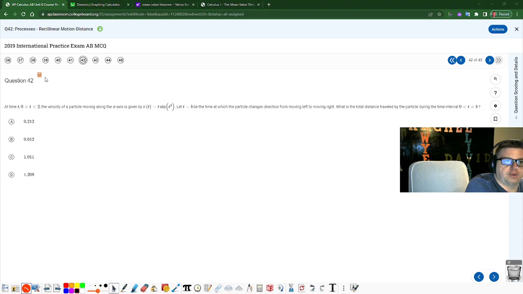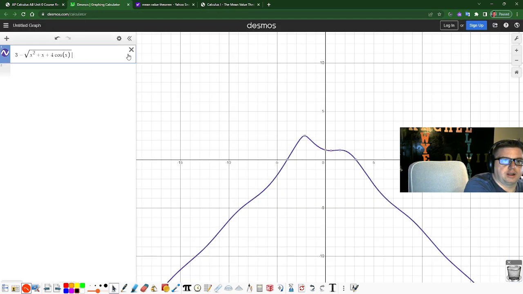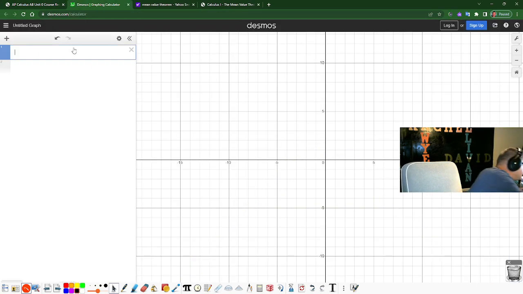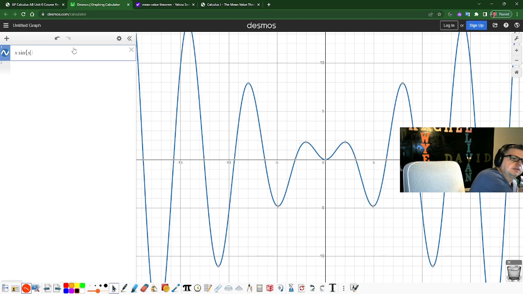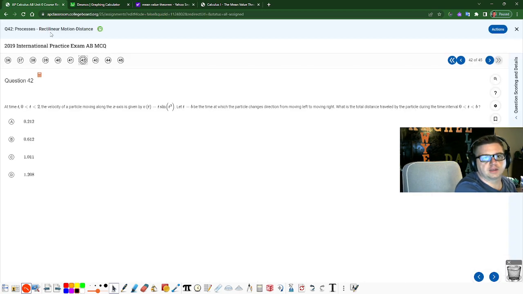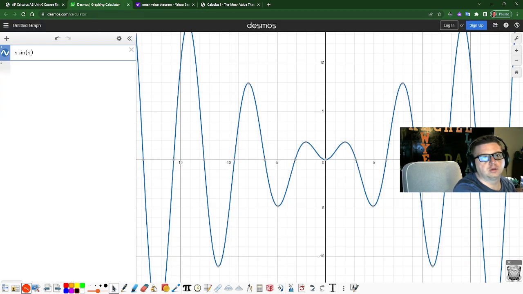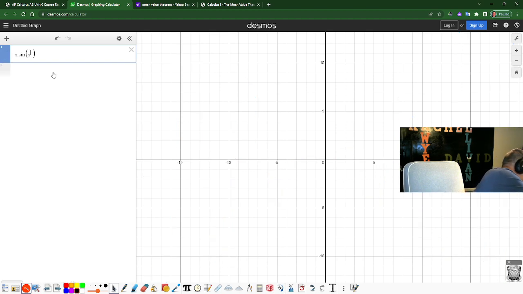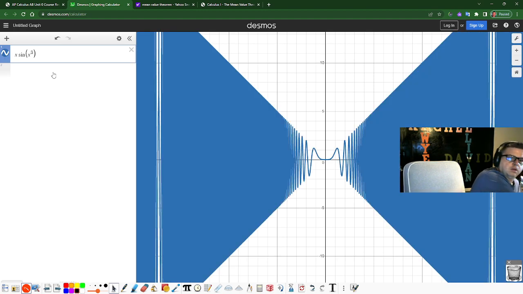We have a graphing calculator. It's telling us to use the calculator. So let's try it and see what happens. We get t, the sine, oh, I guess I better use x, sorry. X, the sine of x cubed. Okay.